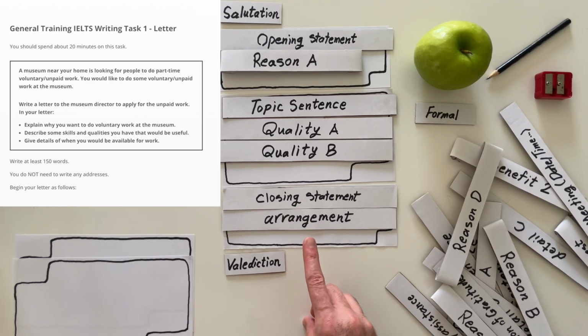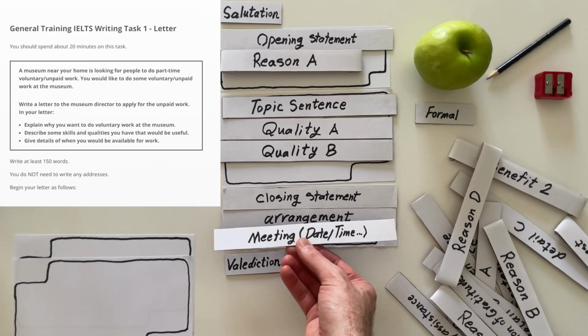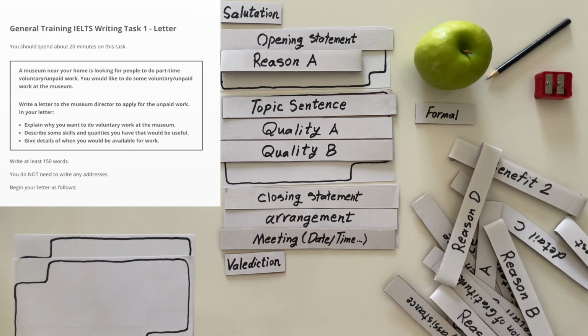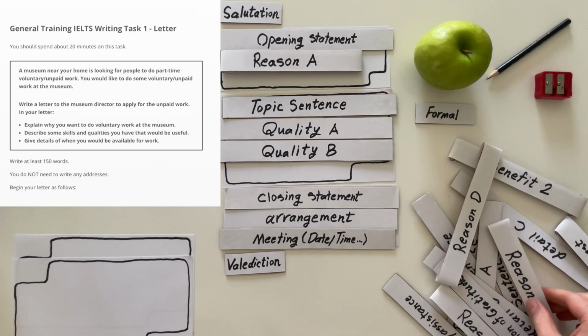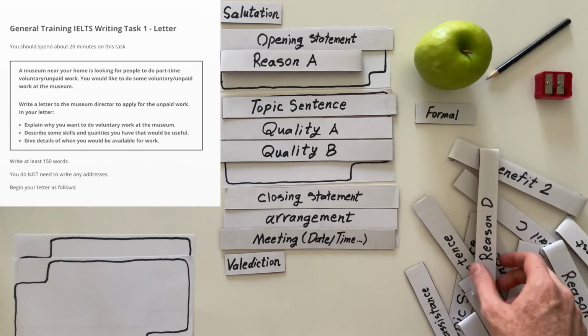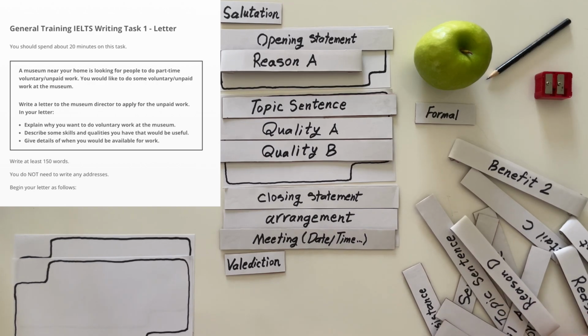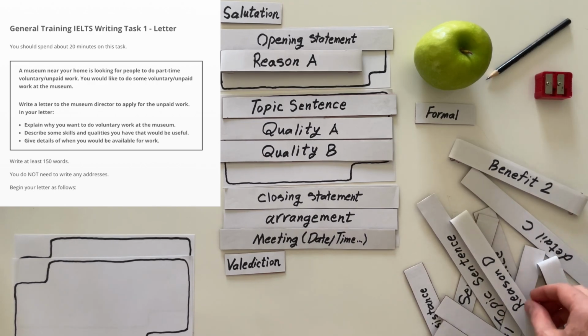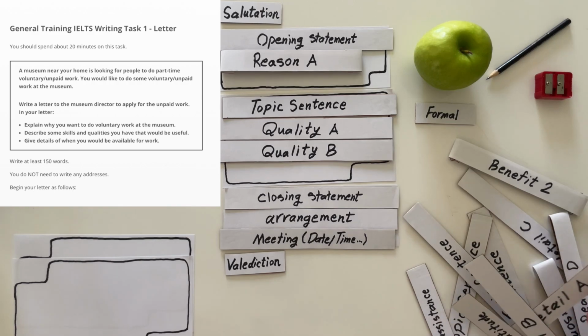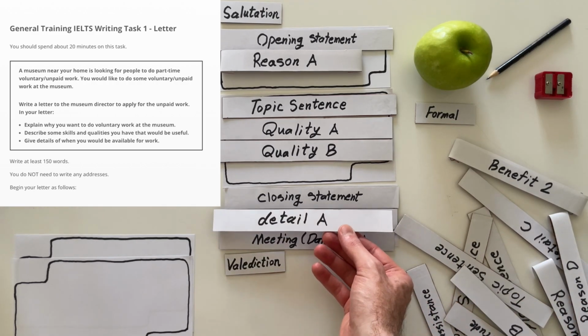But since it says give details of when you would be available, my suggestion is to specify the date and time and its details. So maybe you can say that, okay, I am currently working. My job, my duties will be over soon.